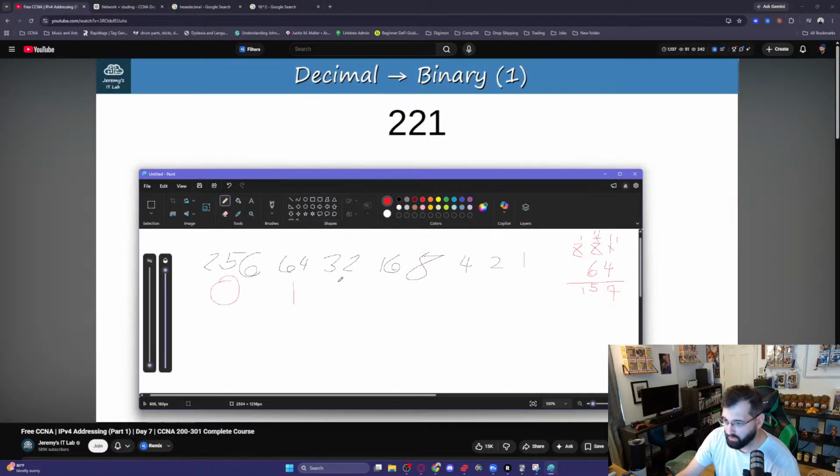So obviously we need 32. Another way we could keep doing this is to just add it up. 64 plus 32, that'd be 96, right? So then we just keep going. We'll continue subtracting. So 16, we gotta have a 16 in there. And you just keep going until you can't go no more.